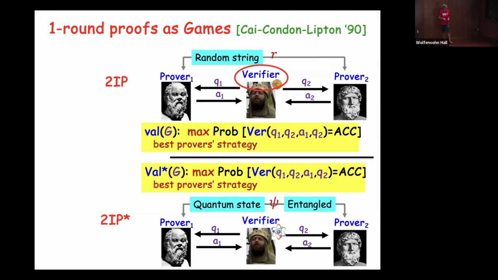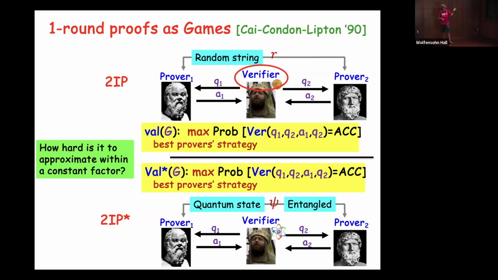And now the complexity theoretic statements I told you talk about how hard it is to, what's the complexity class I capture? What's the complexity class of distinguishing whether the verifier accepts or rejects, right? To approximate the acceptance probability, the value, with a constant factor.